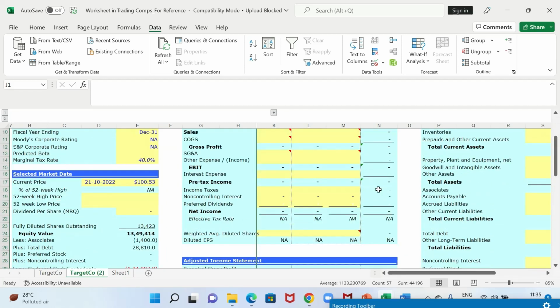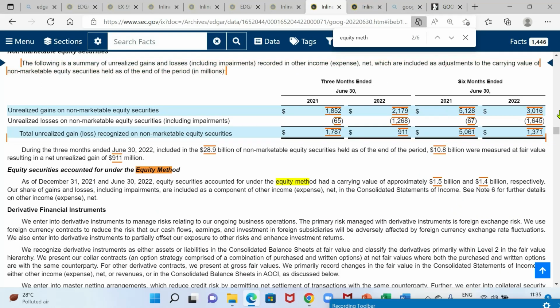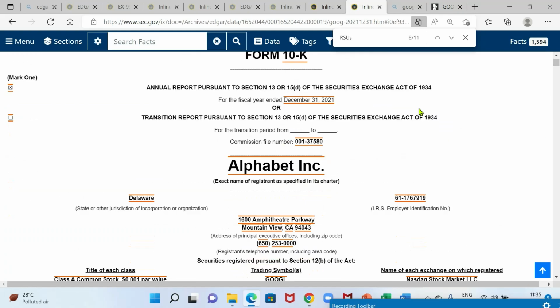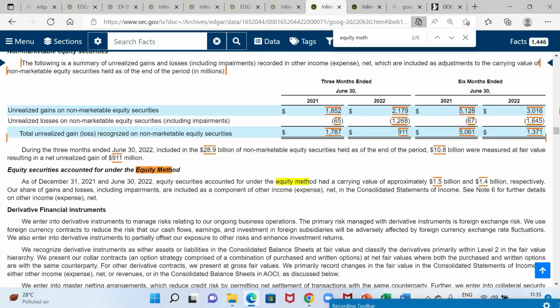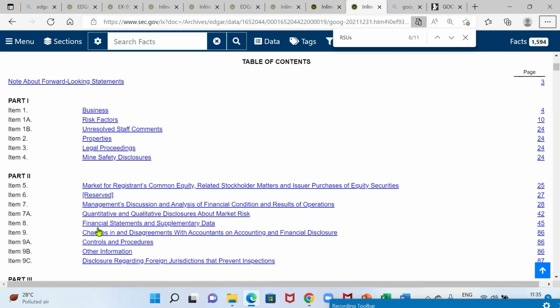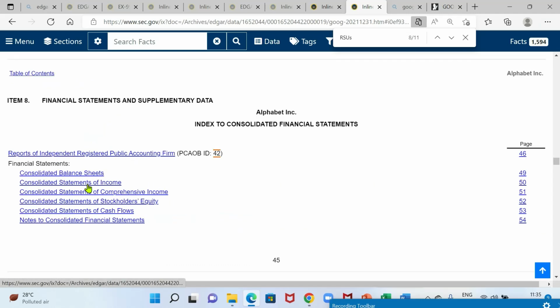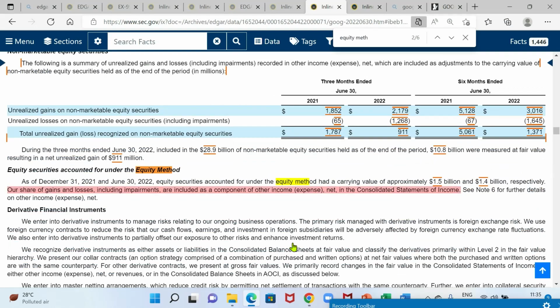Why? Because I need the LTM numbers. So for LTM, what will I do? What I have to do is start with the annual, and I can directly copy them, but I'll use only this.